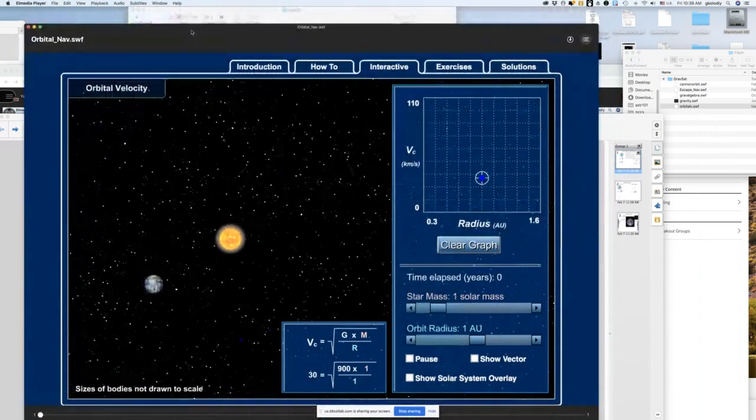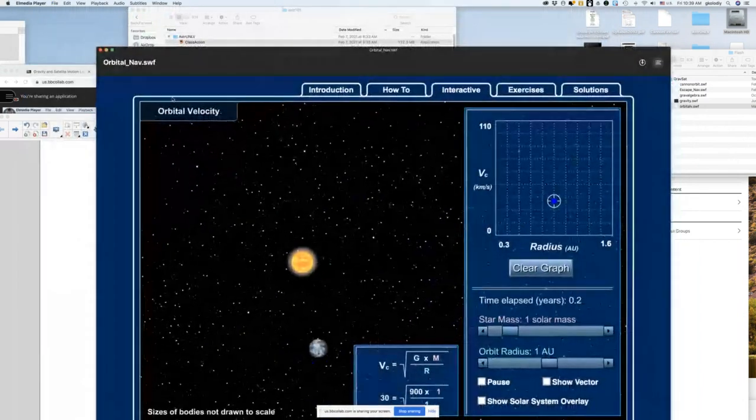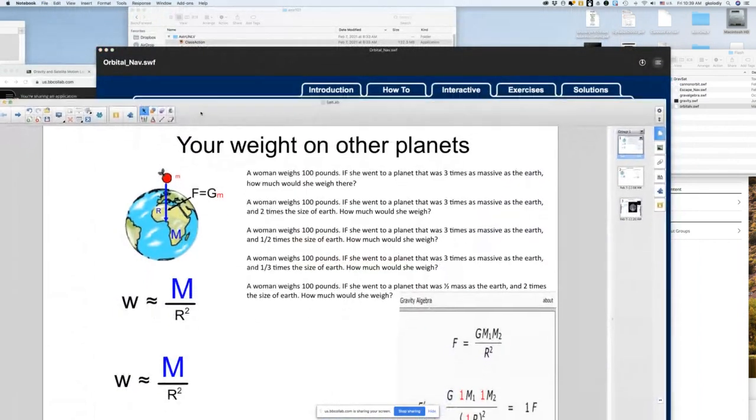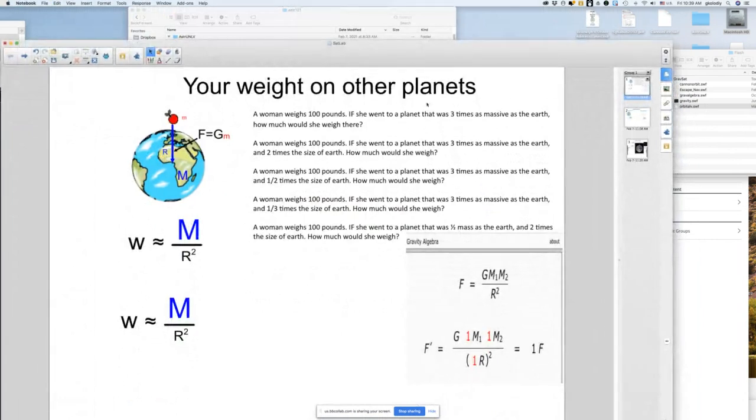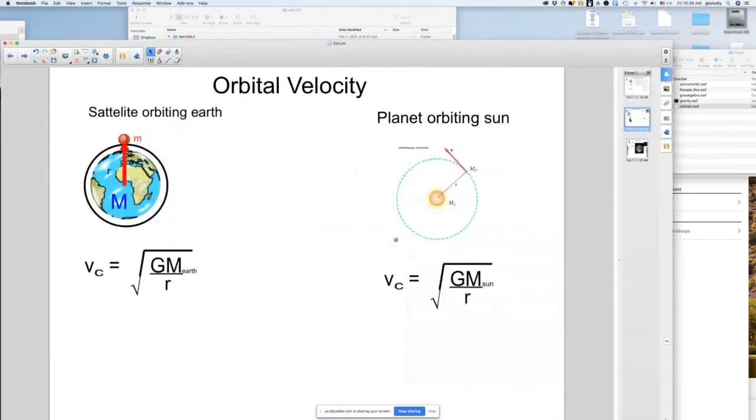So basically in class, we saw that orbital velocity, the velocity something has orbiting, is given by this formula over here. Okay, and this applies to satellites orbiting the Earth or all the planets orbiting the sun.